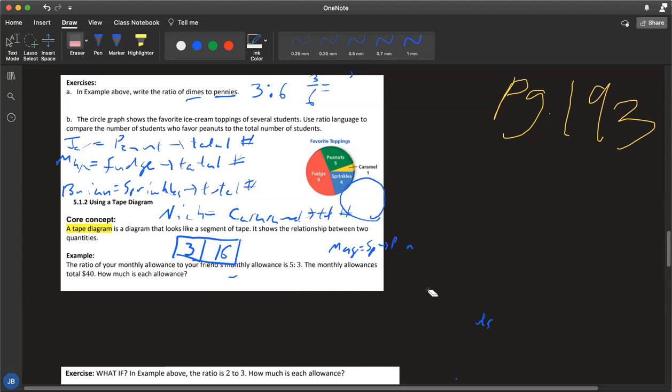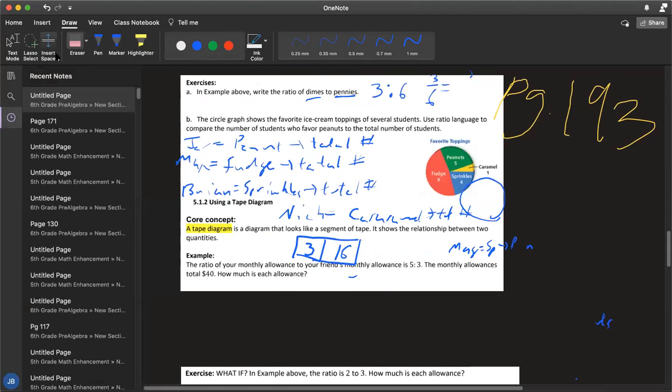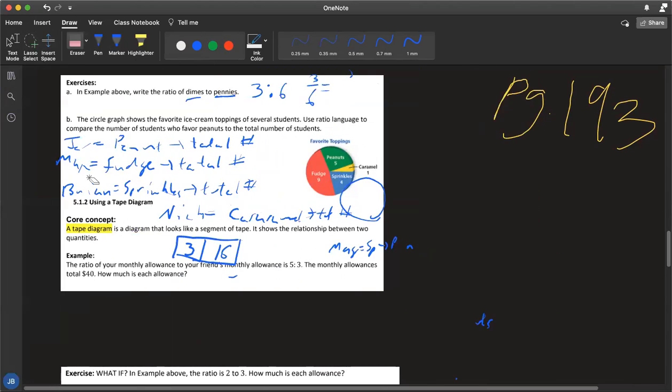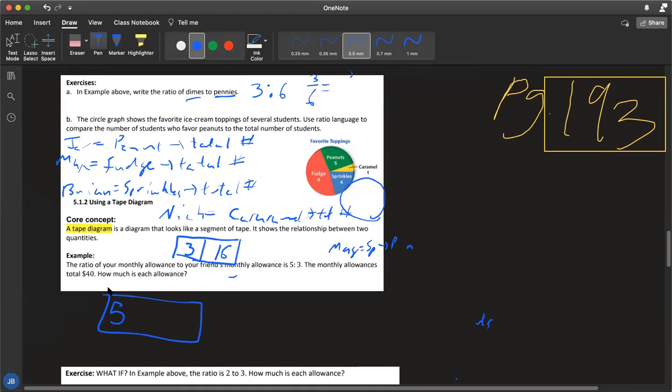Okay. Let's try again. See if it'll write this time. I'm clicking all over here. So if we have a 5 to 3 ratio. There we go. Jerry's back.